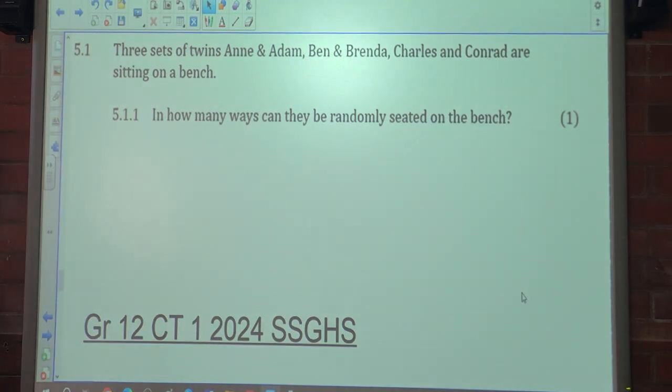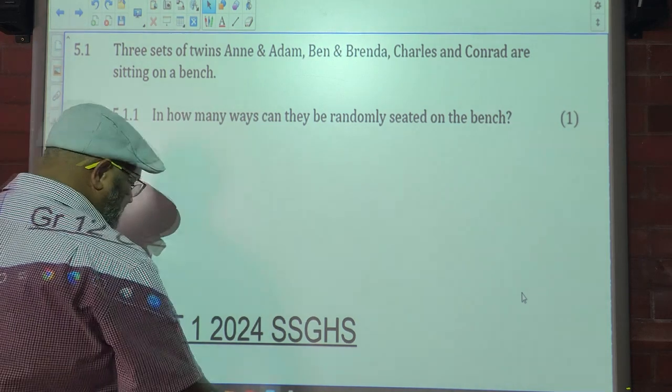People, 3 sets of twins. You've got Anna and Adam, Ben and Brenda, Charles and Conrad sitting on a bench. In how many ways can they be randomly seated on the bench? So how many seats would we have? 6.